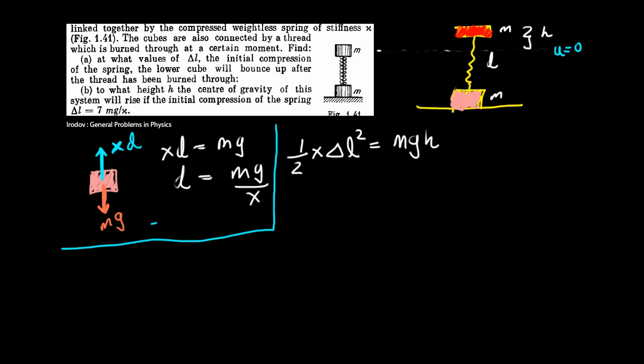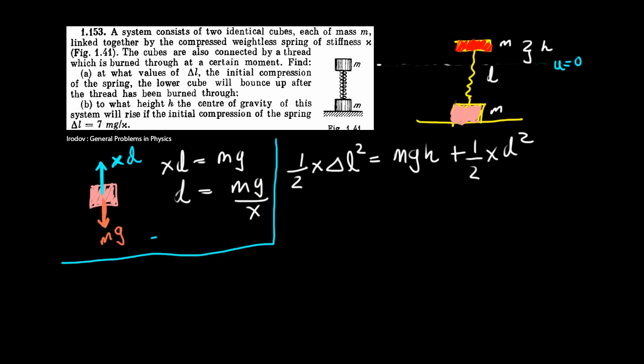And in the final state, there is also the energy stored in the spring, because there is also an extension of d here. So the energy stored in the spring, in the final instant, is 1/2 times the spring constant times the extension squared. Extension is d, so it is d squared.